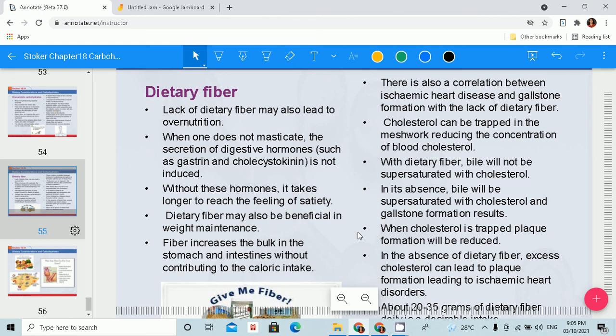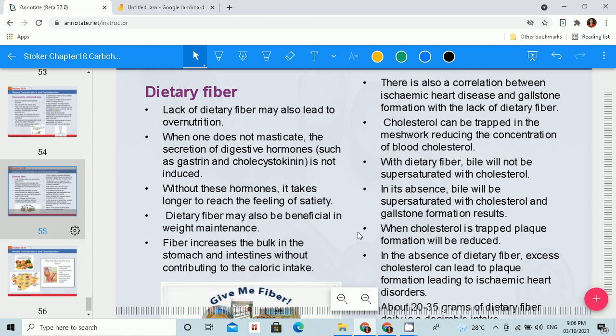Then we have, okay, the cholesterol can be trapped in the meshwork, reducing the concentration of blood cholesterol. So when you put more fibers in your diet, then it will trap even the cholesterols, thereby the concentrations of cholesterols in your blood vessels will be reduced.